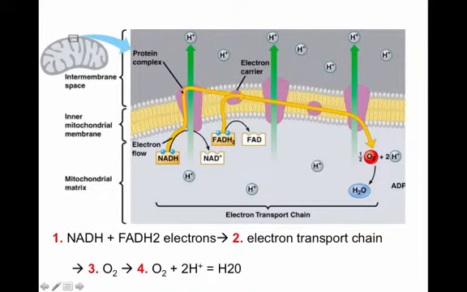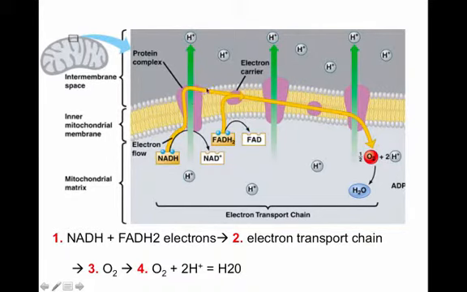They give these proteins energy to pump protons, H+, hydrogen ions they're also called, and this is important, from the matrix to the intermembrane space.